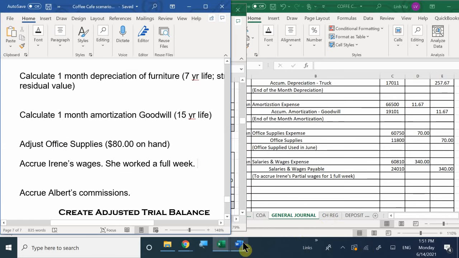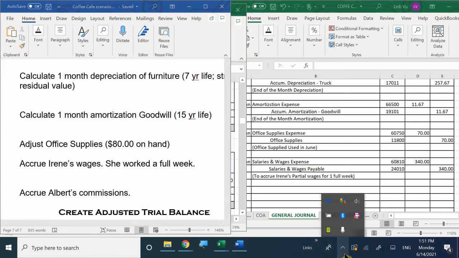All right. So then, last but not least, to accrue Albert's commission.